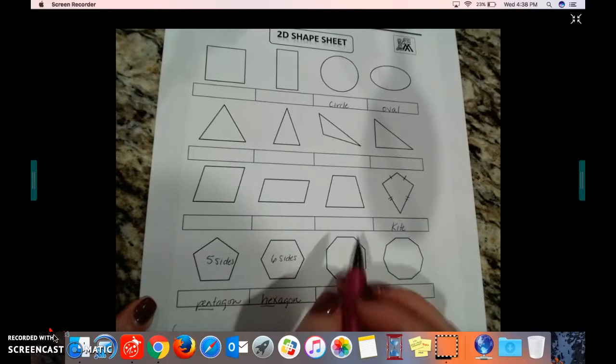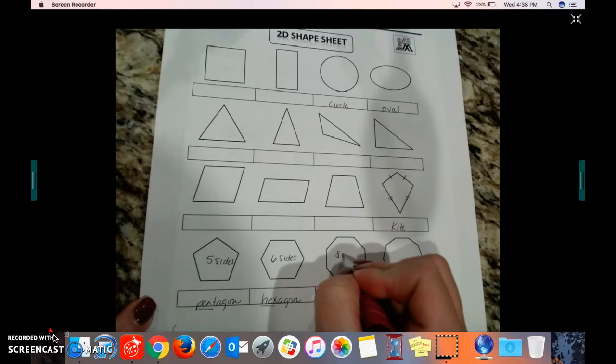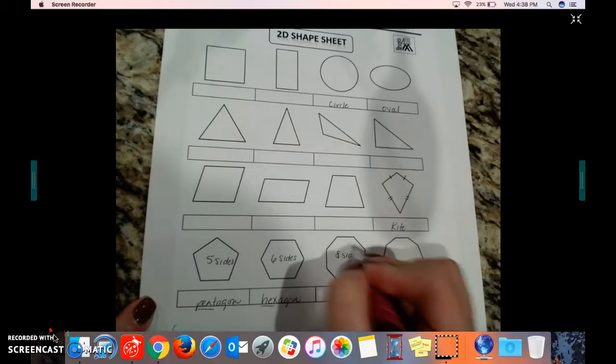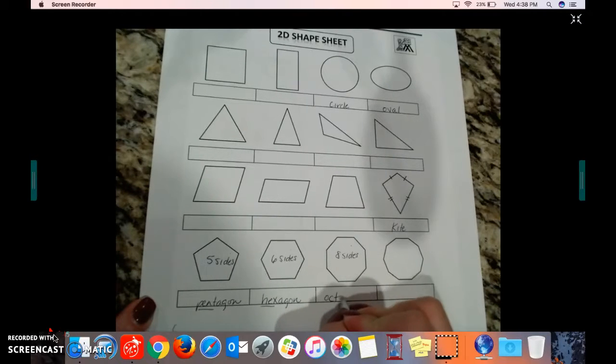Okay? Then we have 1, 2, 3, 4, 5, 6, 7, 8. This object has 8 sides, and an 8-sided object is an octagon. So that prefix oct tells us that it has 8 sides.